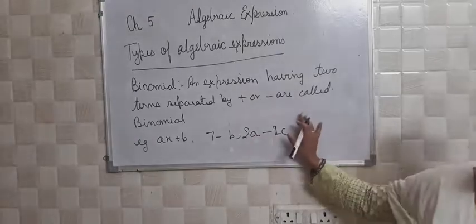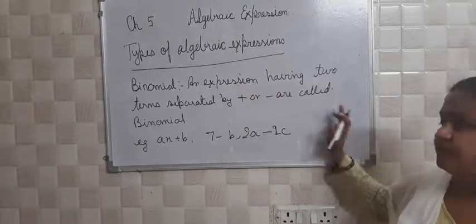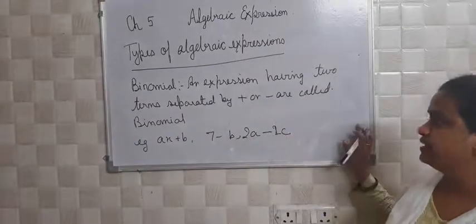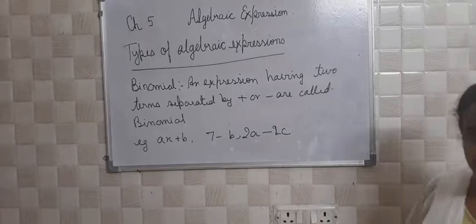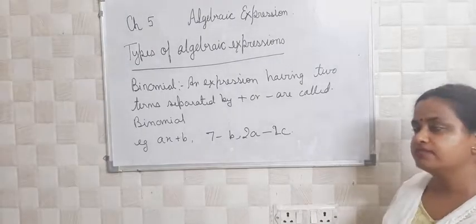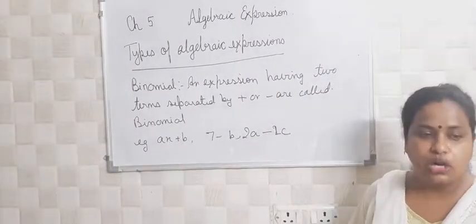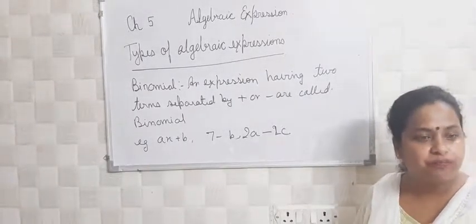So bi means 2. The expression having 2 terms separated by plus or minus is called binomial. So what is binomial? 2 terms which are separated by plus or minus symbol. Now, is it clear to you?